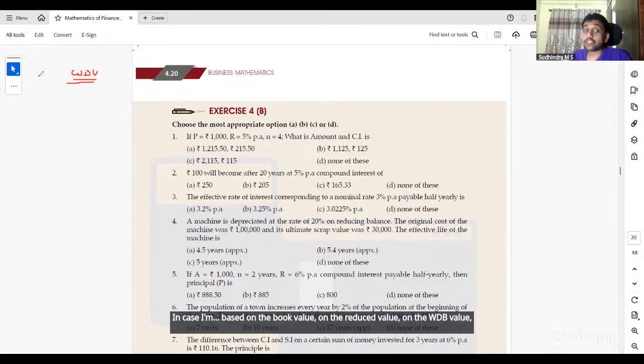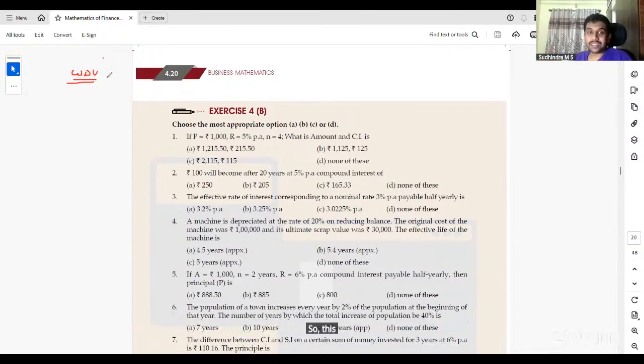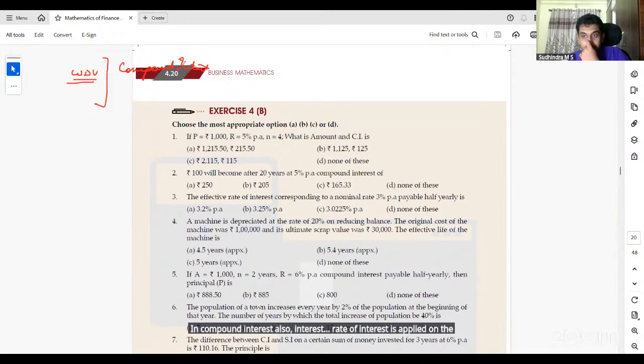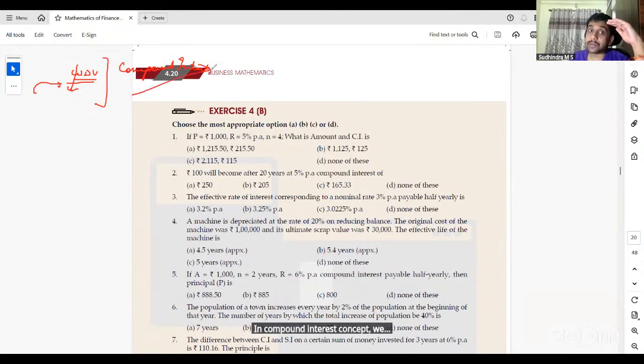So this is nothing but the same principle as compound interest. In compound interest also, rate of interest is applied on the updated principal. Same way, here rate of depreciation is applied on the reduced balance. In compound interest concept, we add the interest to the principal.